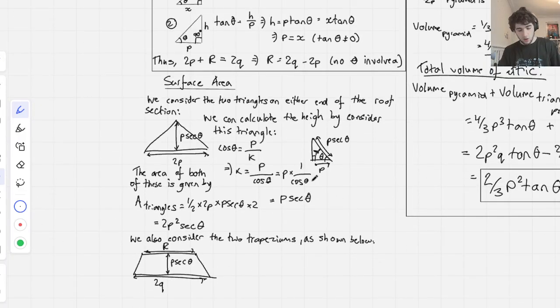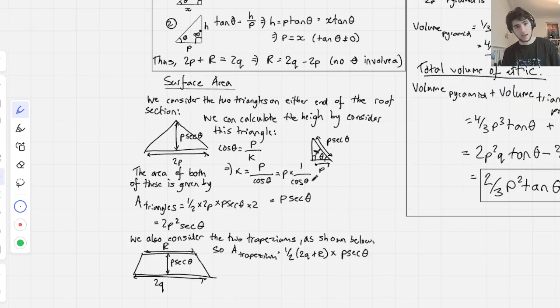Okay, and so then we have that the area of the trapezium, this is just a standard formula, is just going to be a half times the bottom length plus the top length, so multiplied by 2q plus r, and then multiplied by the height. So the height here is p sec theta.